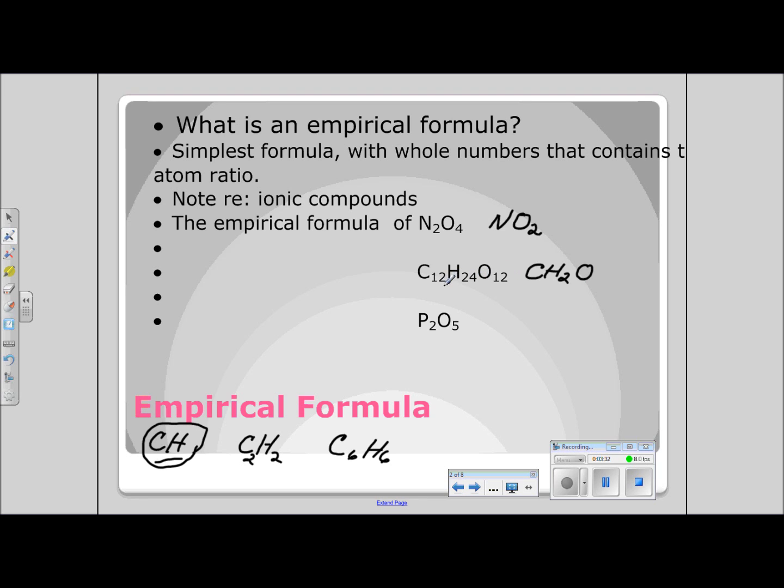So I divided this by 12, this by 12, this by 12, and it gave me a ratio of 1 to 2 to 1. Now, the next one. What is the empirical formula of P2O5? Pause. The empirical formula of P2O5 is P2O5. It cannot be reduced any further. The ratio is 2-to-5.